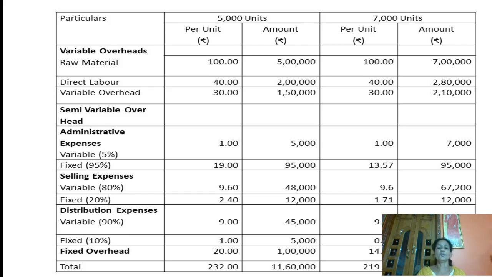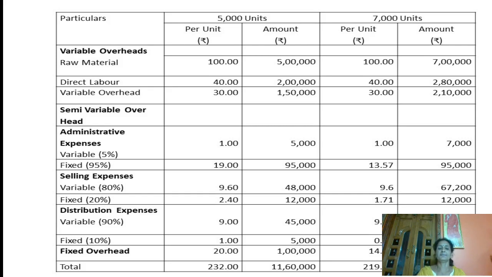Again, the same 1 rupee you can take as per unit cost for variable under administrative expenses. Under administrative expenses, variable they have given 5%. So in 20 rupees you have found out 5% is 1 rupee. So keeping that 1 rupee as base, for 7,000 also you can do 7,000 into 1, that is 7,000.